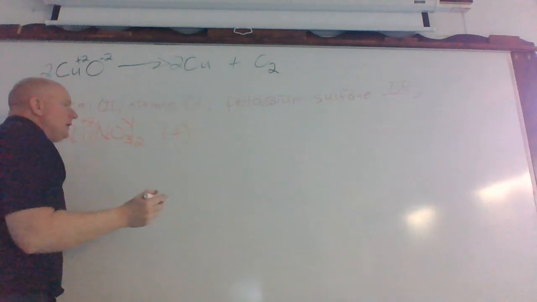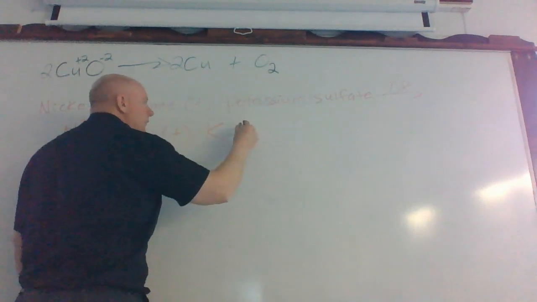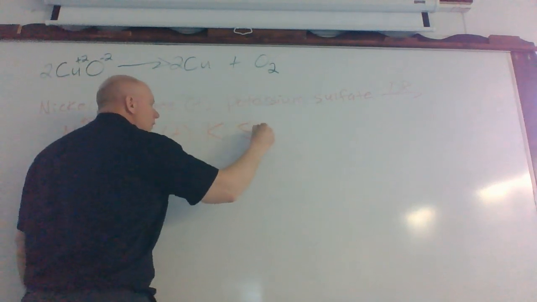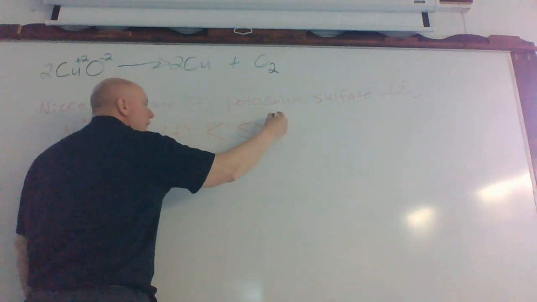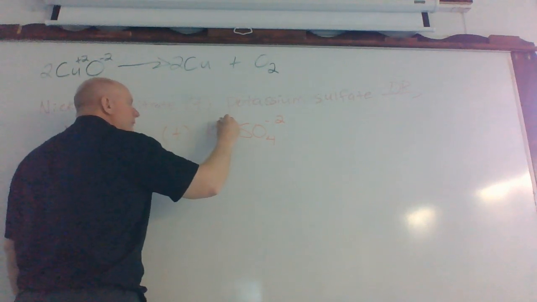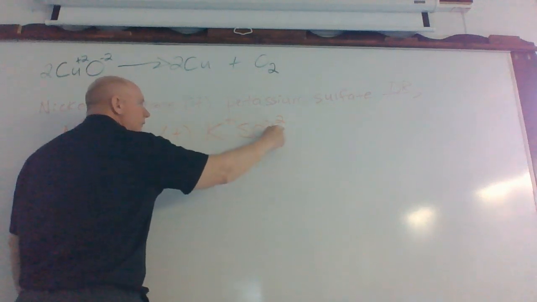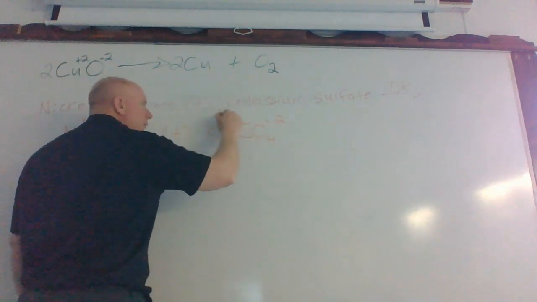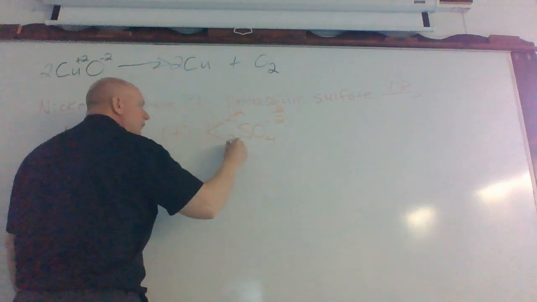Plus, what's potassium? What's sulfate? Okay. What's the charge of sulfate? Negative. Charge of potassium. Okay, that does not add up to 0. Okay, again, least common multiple is 2. The answer you get, you put below.